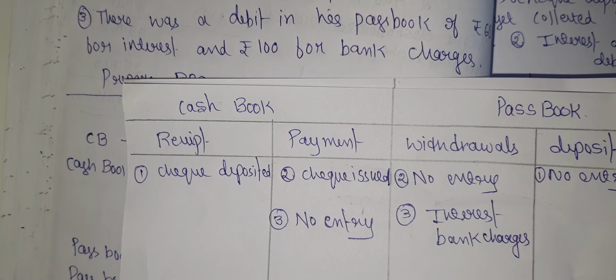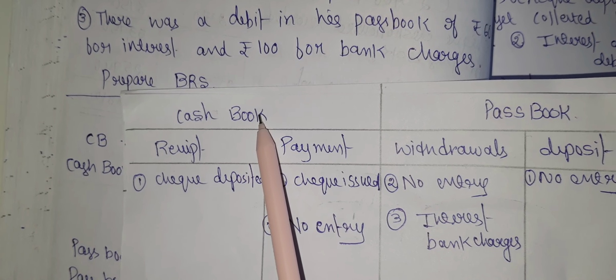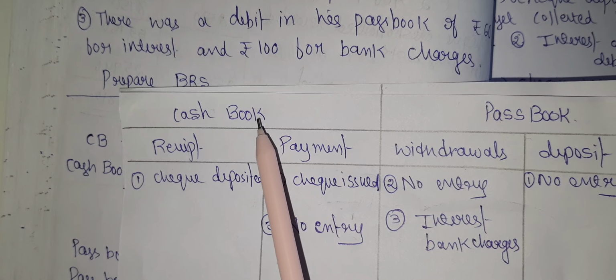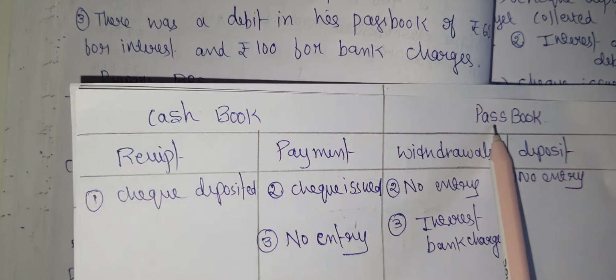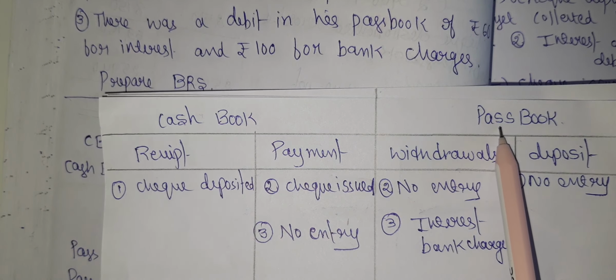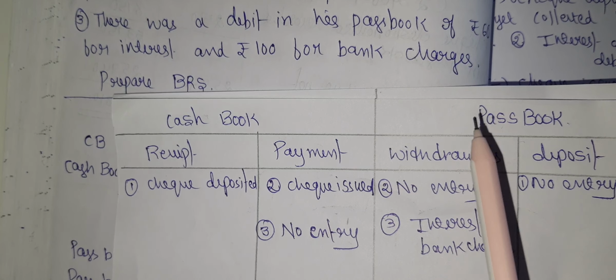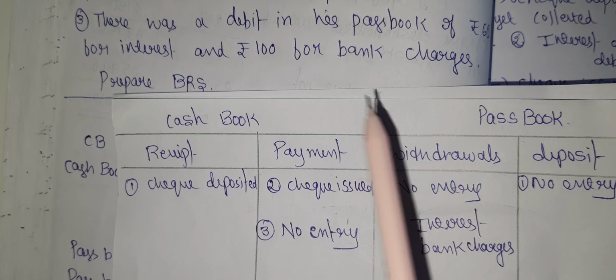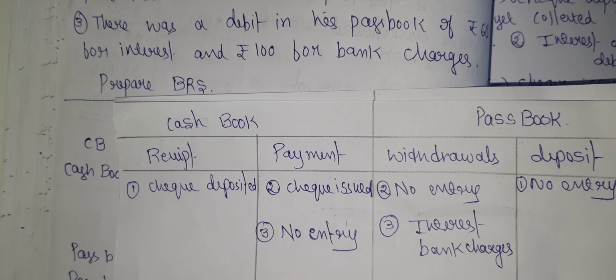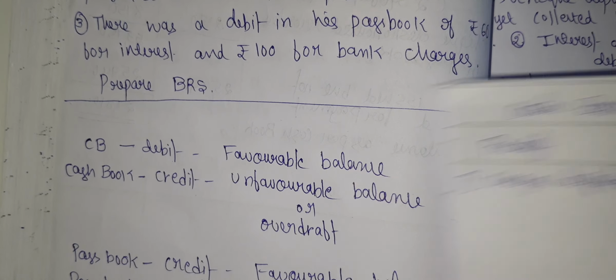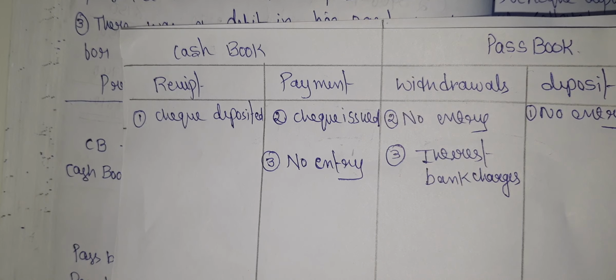If the problem gives the balance as per cash book, then we check the effect on the passbook. And if they give the balance as per passbook, we check the effect on the cash book. Just exactly the opposite. In this way we solve the problems in case of favorable balance.